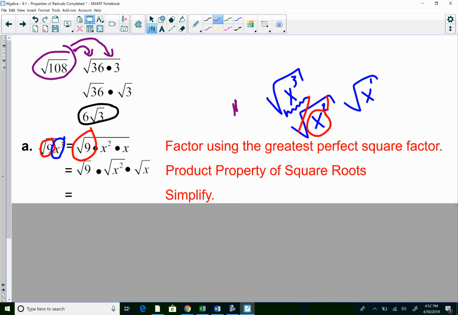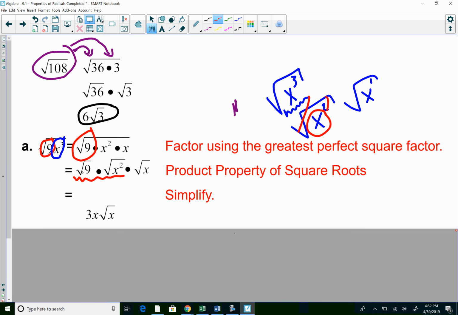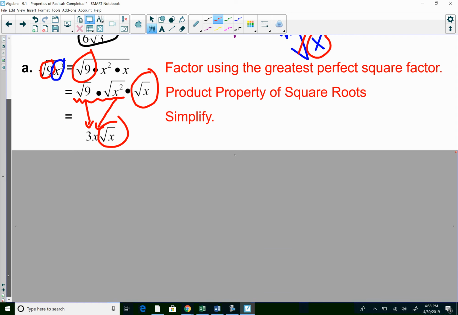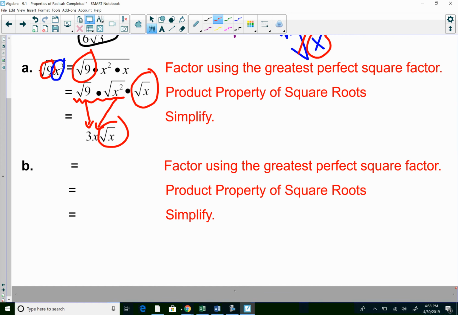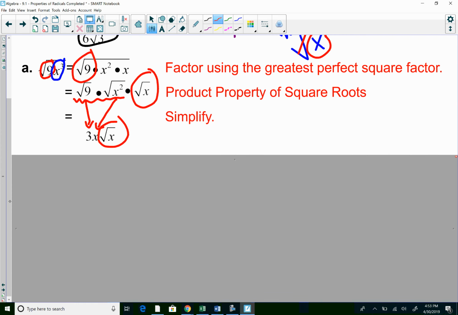Now these two pieces right here are going to simplify very nicely. Square root of 9 is going to turn into, not the square root of 3, just 3. The square root of x squared is going to turn into x. But this square root of x, you can't do anything to it. You can't simplify it, so that just has to stay as it is. Okay, so that's for that one.